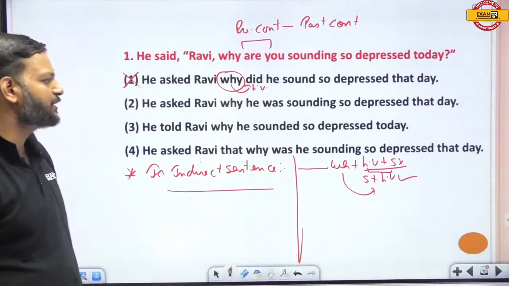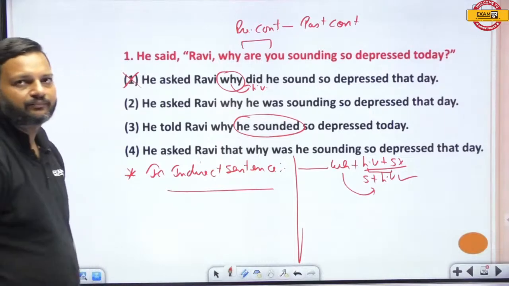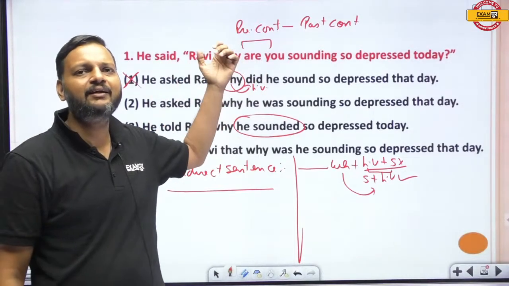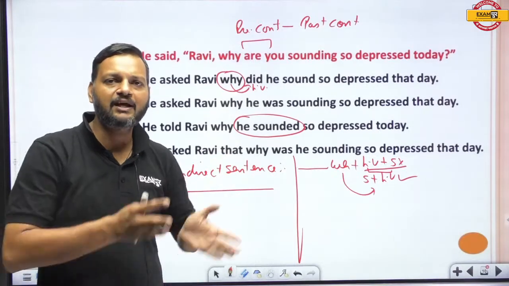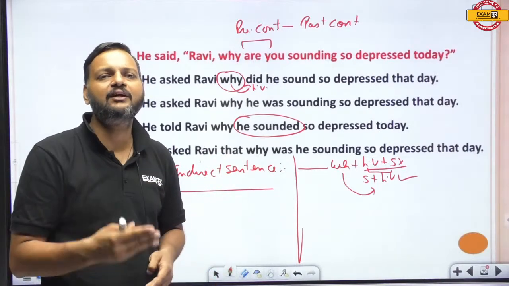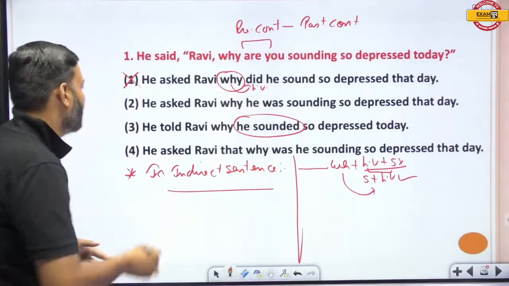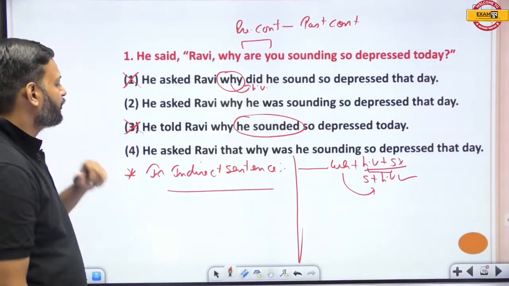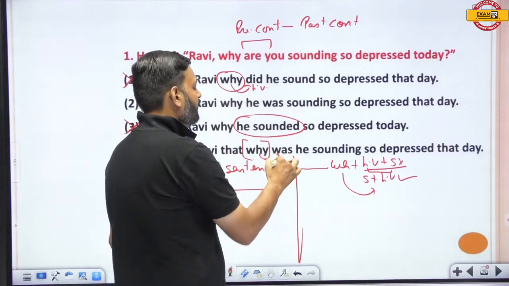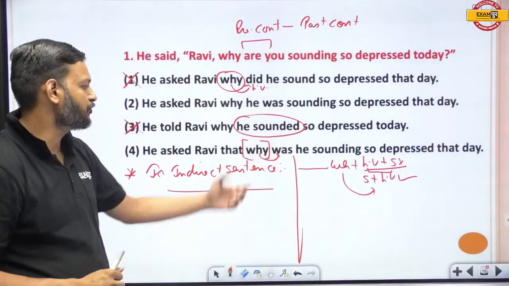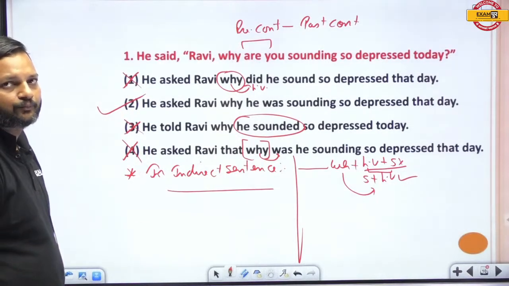But here the tense we have is past indefinite. If the direct sentence is in present continuous, how can it be past indefinite in indirect? If a direct sentence is present continuous, it must be past continuous in indirect. So eliminate this sentence as well. Now fourth, he asked Ravi that why was. Again we have helping verb after WH word, which is not permissible. So eliminate this as well and we get the answer, which is 2.